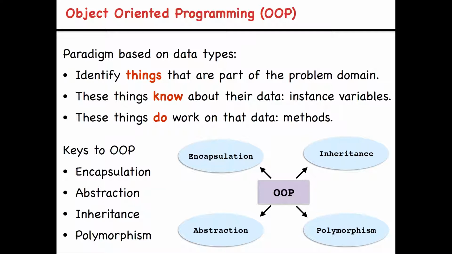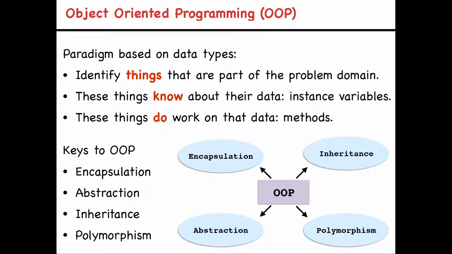Those things can be as simple as physical things. So we're going to work on our blackjack game, probably starting next week. And those things will be stuff like a card, or a deck, or a hand, or a player. So physical things that are part of the problem that I'm trying to solve, the application that I'm trying to write.